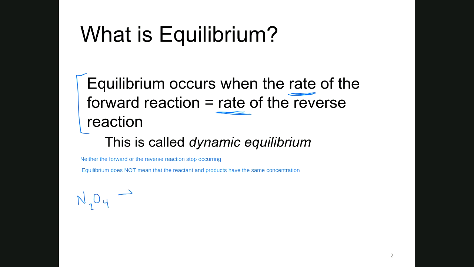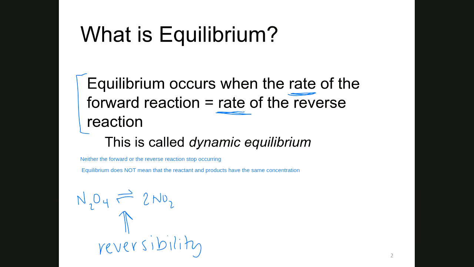We draw this double-headed arrow to showcase that we have the N2O4 turning into two NO2 molecules, but those two NO2 molecules can combine again to form N2O4. So one more time, this double-headed arrow shows reversibility, that we can have a forward and a reverse reaction occurring.